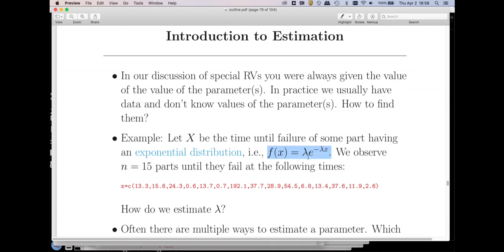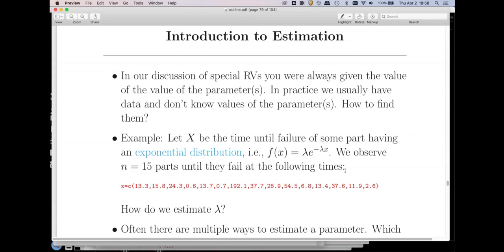It's a function of one unknown parameter, lambda, and we've observed 15 parts until they failed, and here are the actual observations. So the question is, where do we get lambda? So I hope that you can kind of appreciate the problem that we're going to deal with here.